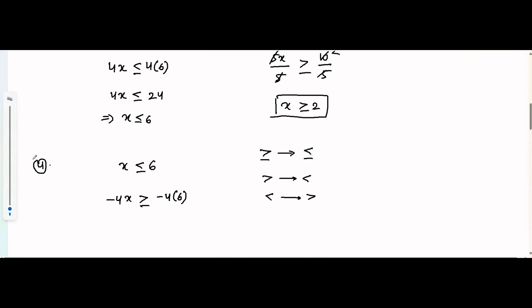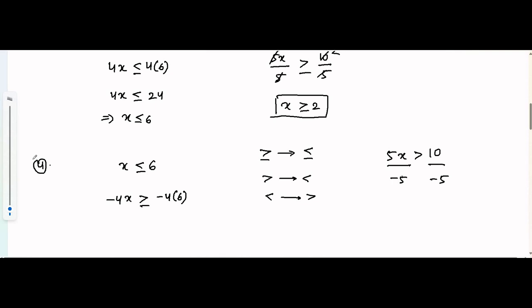Same thing will happen here also. Let's say we have 5x greater than 10. Suppose we divide both sides by the same negative number, that is -5. Here also -5, here also -5. We divided both sides by the same negative number.